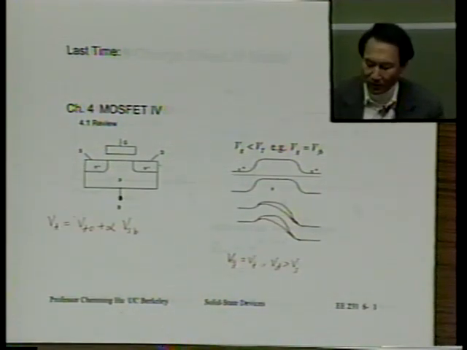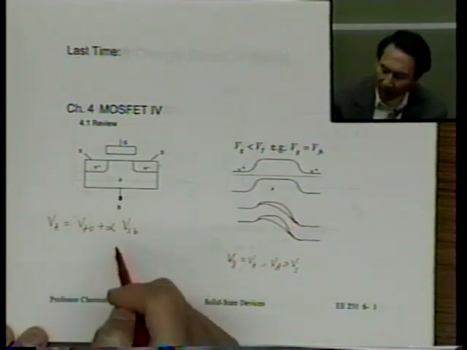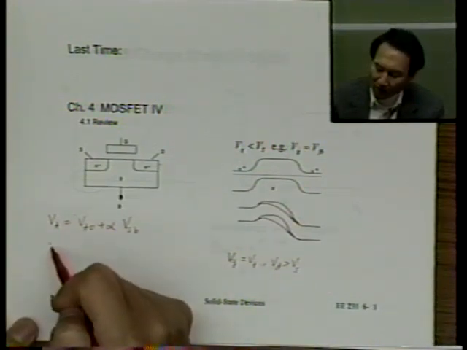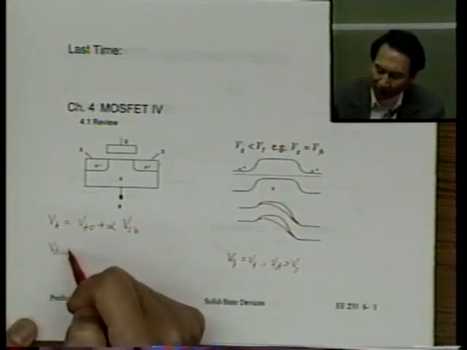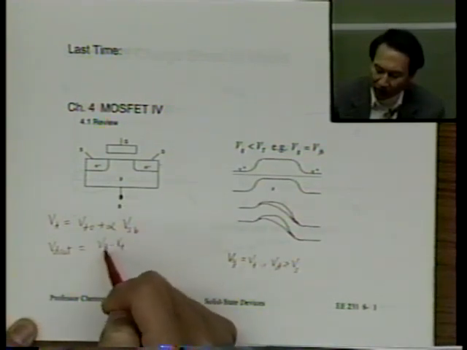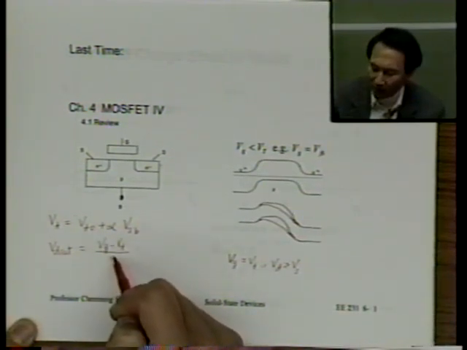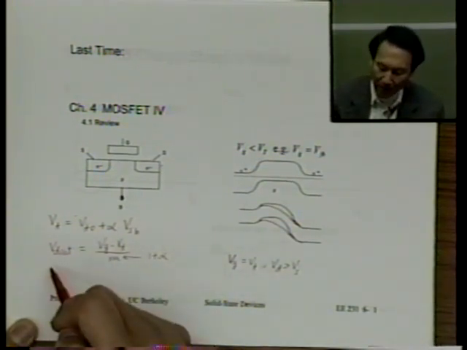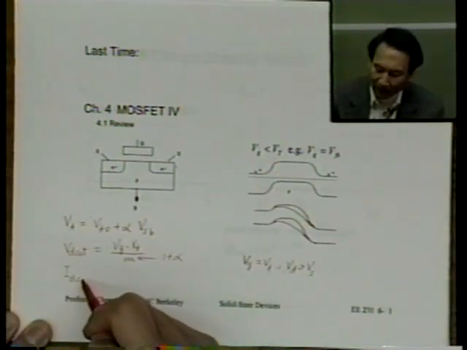But I think this is just as good a model, maybe even a better model today. And this body effect or backgate effect also has an impact on VD set. It makes VD set equal to VG minus VT divided by 1 plus alpha, or we call it M. M is 1 plus alpha. And it has an impact on ID set.